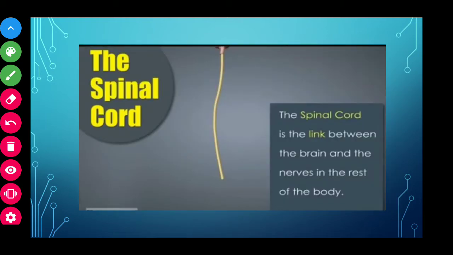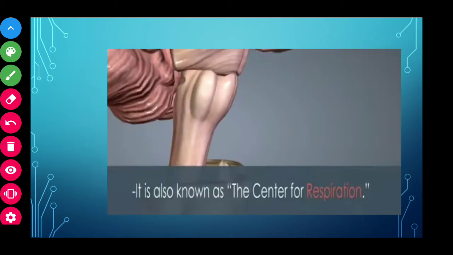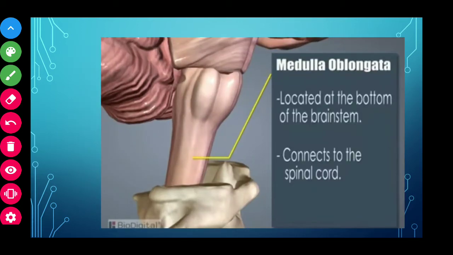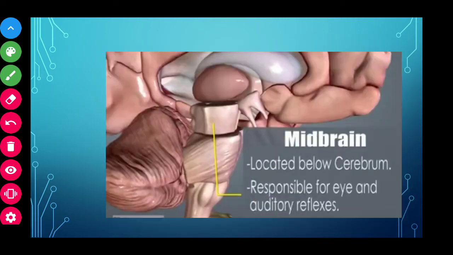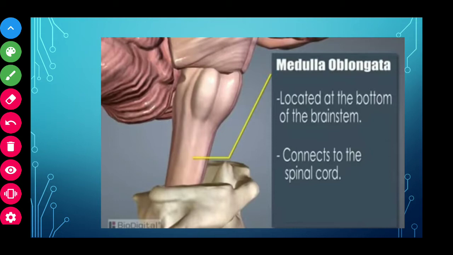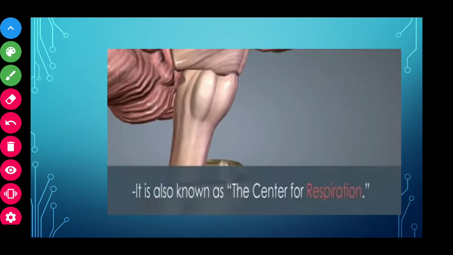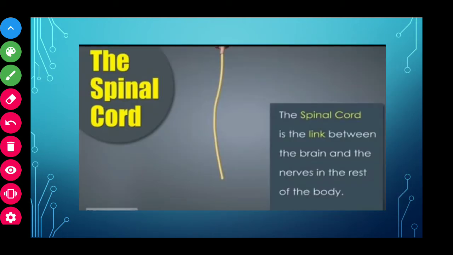Next we will see spinal cord. So under brain we have discussed cerebrum, cerebellum, diencephalon and midbrain, pons and medulla oblongata. As we discussed, spinal cord is the link between the brain and the nerves in the rest of the body.